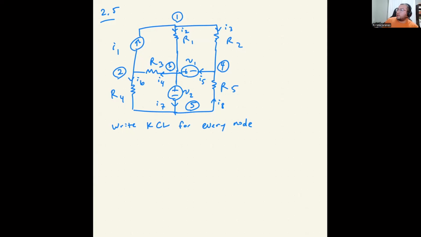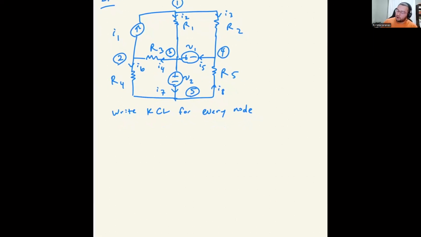One thing that comes up a lot is, well, how do you know which way the currents are going? And the answer to that is you don't. You don't know until you actually do the analysis. And after you do the analysis, if those currents end up being negative, then they're going the opposite direction and you were wrong.